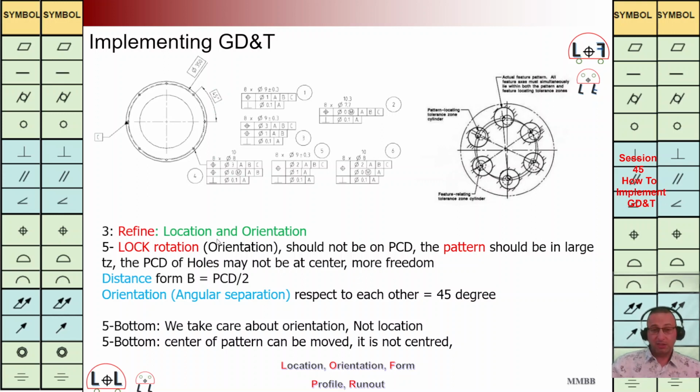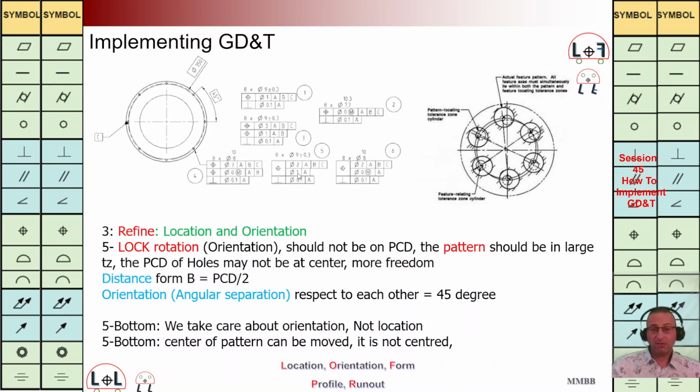For positioning, as we know, the distance from the hole should be PCD divided by 2 with respect to, let's say, axis B. And in order to take care about the orientation, the distance between 2 holes should be this 45 degrees. That's why we are going to have this basic dimension here.